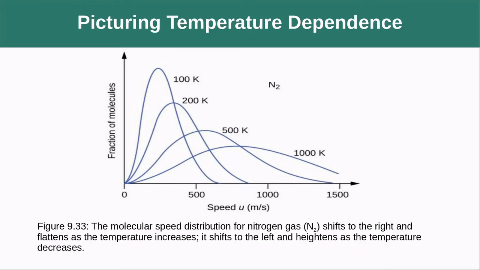We can see as the temperature increases, we get more and more molecules that are moving quite rapidly out here, and the whole thing starts to flatten out, and we get a wider distribution in general. Whereas when it's a little bit colder, you see that there is a nicer, tighter distribution of RMS speeds.